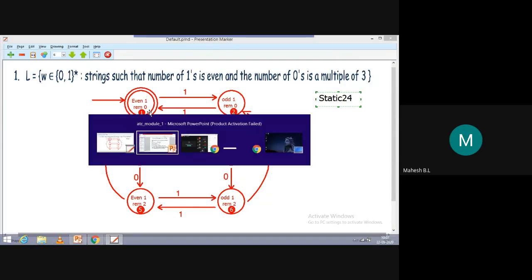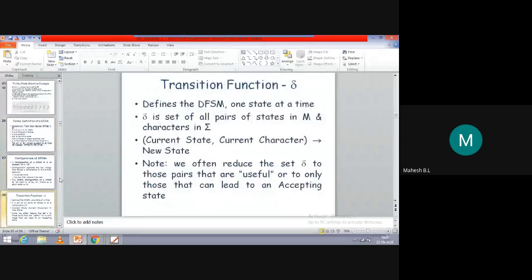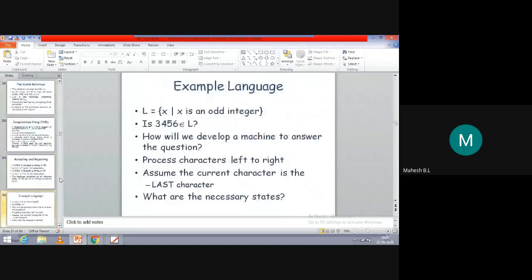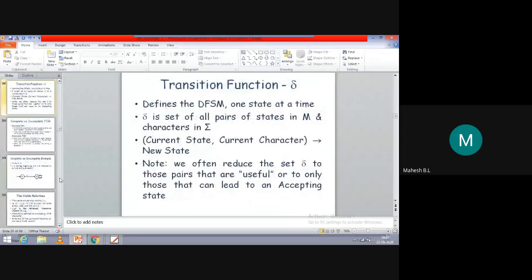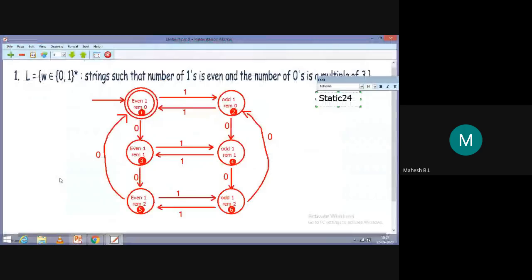It is represented by delta. Let me explain. Delta of 1, 0: you are in state 1, input symbol is 0. Delta of 1, 0 is 3. So in state 1, input symbol 0, there is a transition to 3.